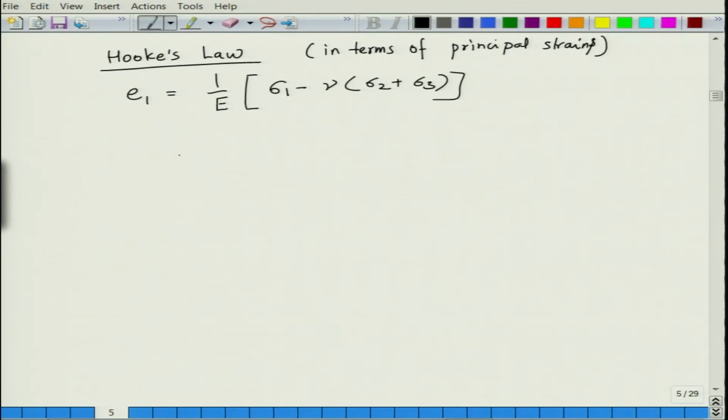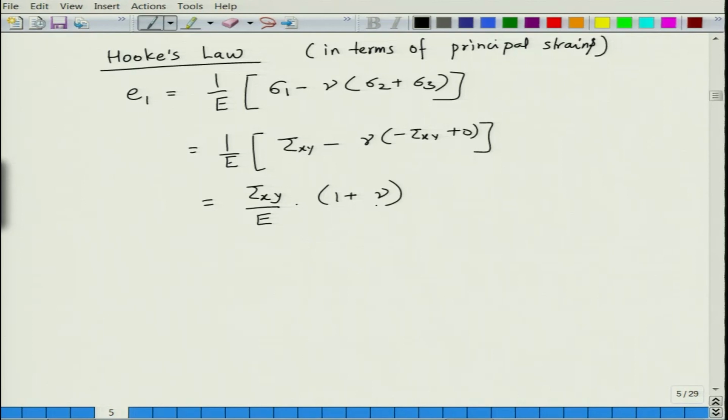Okay. So, if you now put in the values here, 1 over E into tau xy minus nu into minus tau xy plus 0, this will be tau xy divided by E into 1 plus nu.